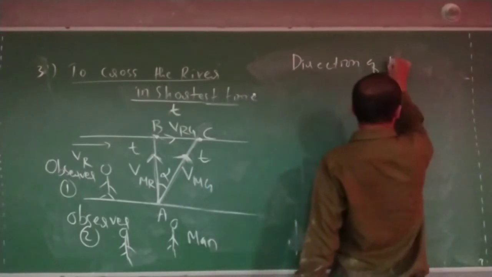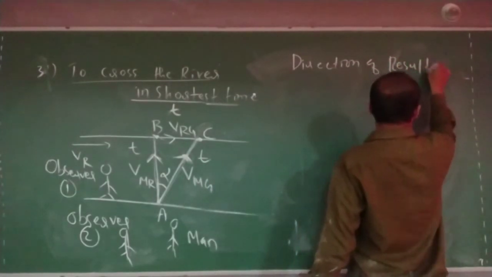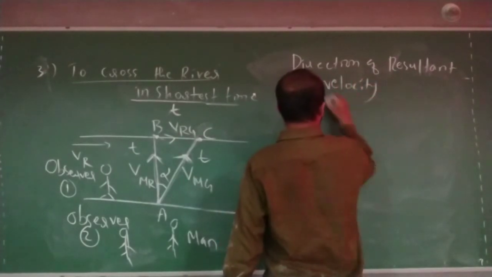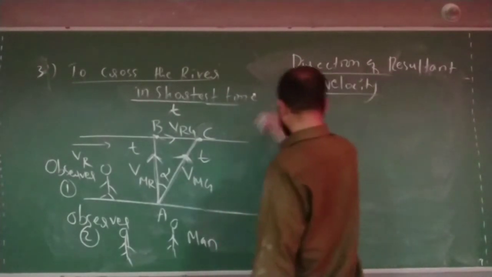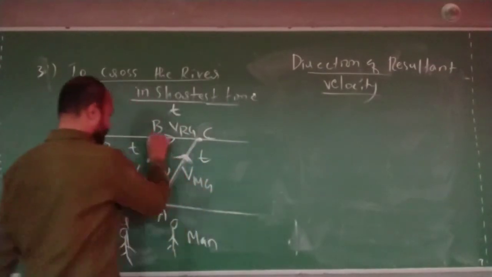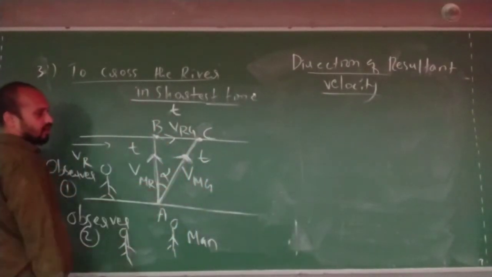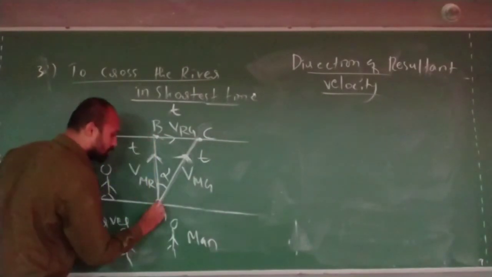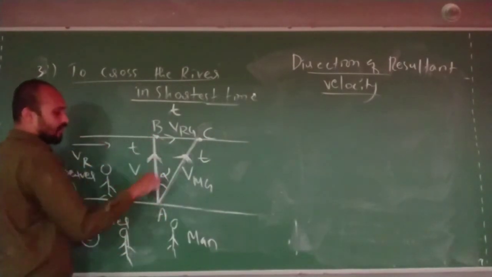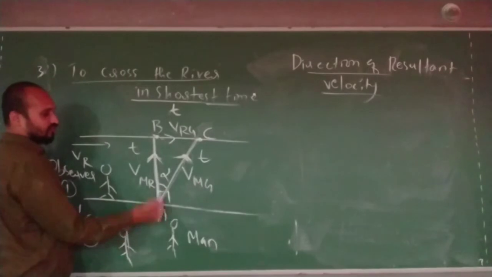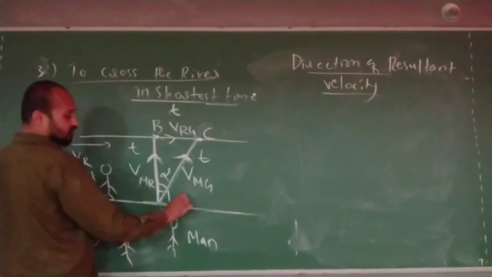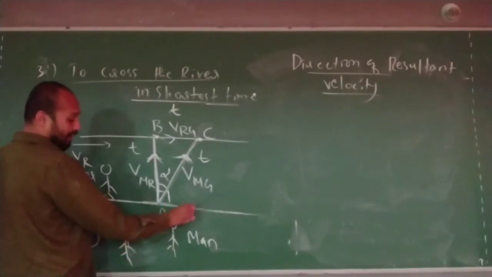Direction of resultant velocity. From this triangle I have taken tan alpha. See, to reach in the shortest time, as I told you before, you must travel perpendicular to the velocity of river, perpendicular with respect to the bank.